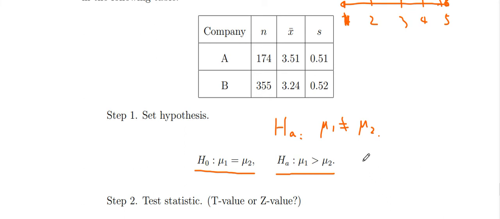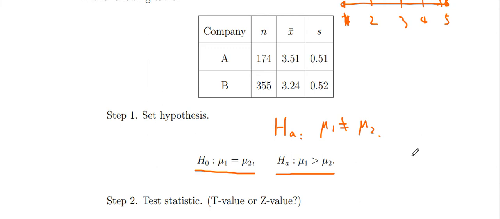This one also seems okay. Then we just pick the one that makes more sense. Larger than means this is better than that. Whether they are equal or not equal, maybe we do not have much interest. The more interesting question is whether this company is better than that company, right?